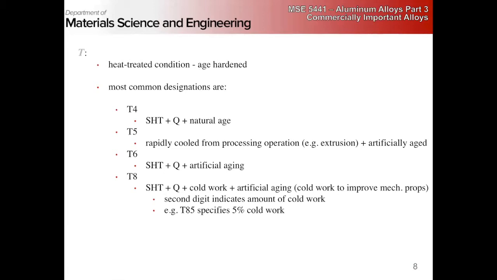So icebox rivets are a name given to aircraft rivets that are 2024 T4. What they do is solution heat treatment and quench, and then they're stored at cryogenic temperatures. They're shipped basically on dry ice.